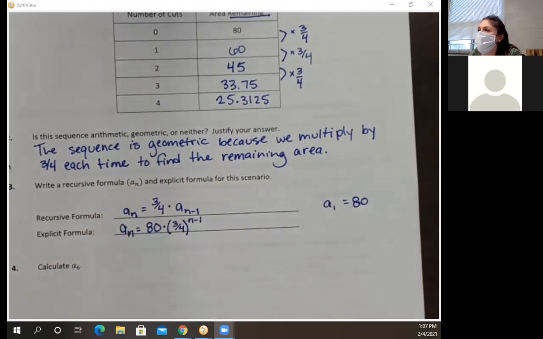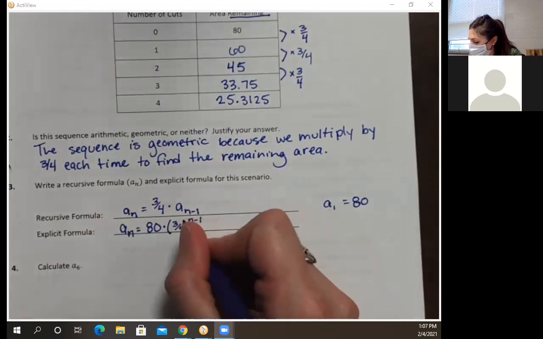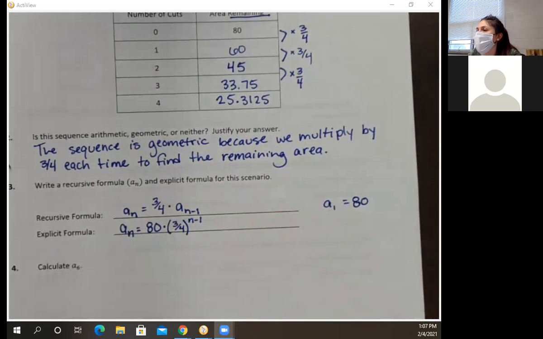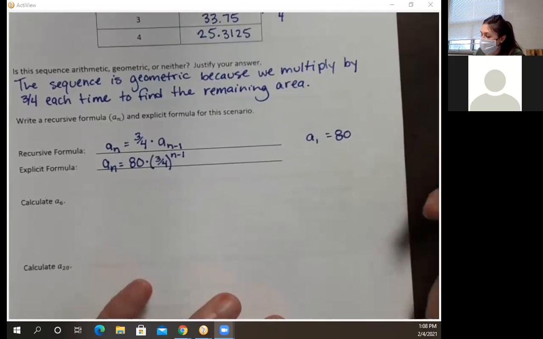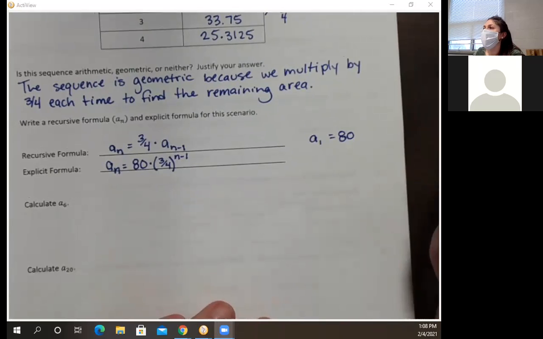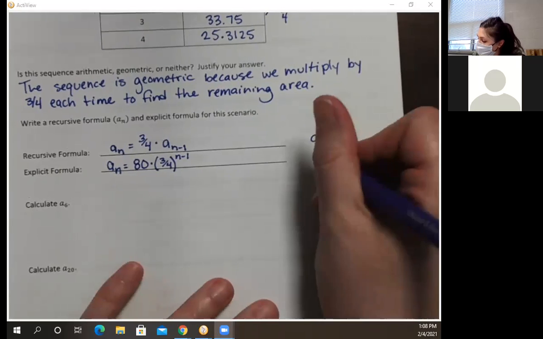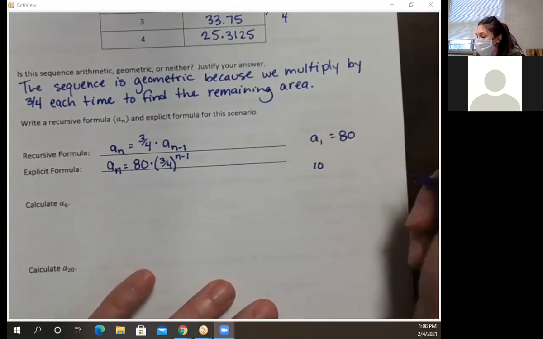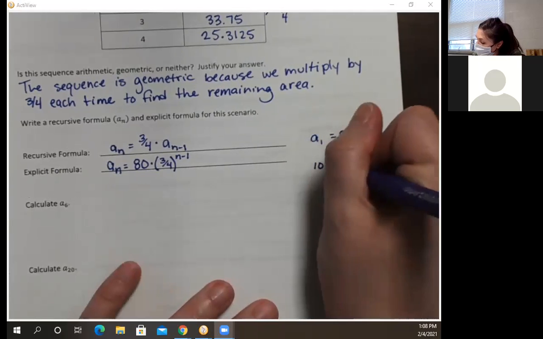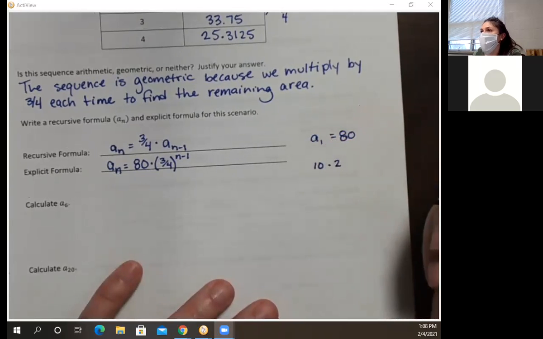Now let's talk for just a second about why we're using an exponent for this one. Why for these geometric sequences are we writing an explicit formula with an exponent? So I want you to think about a different sequence here. Let's say our starting term is 10. And to get the next term, I have to multiply by 2.